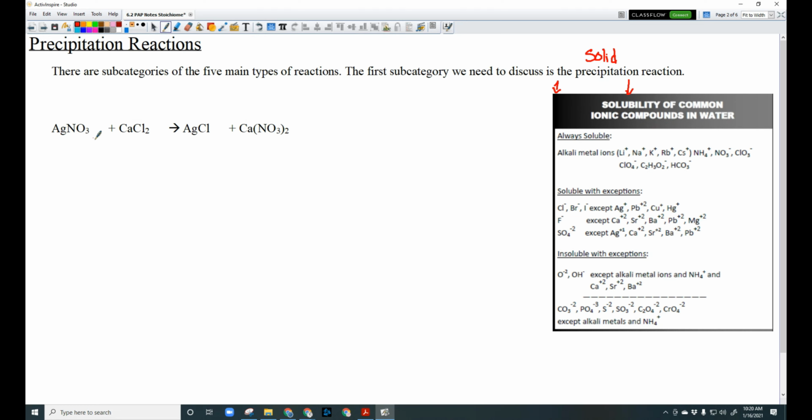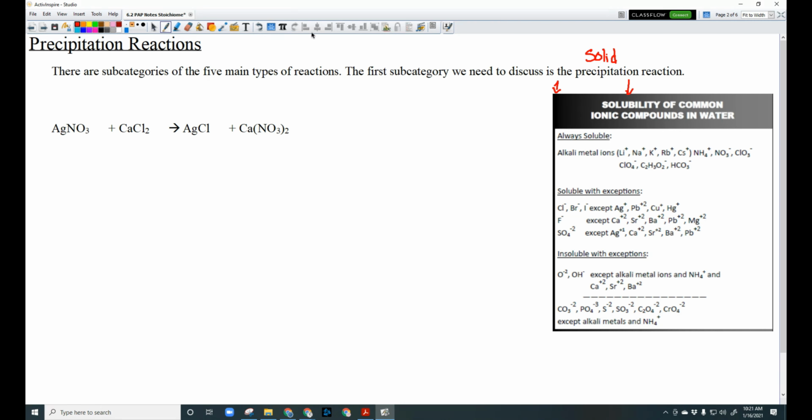Sometimes the state of the compound is given in a chemical reaction, and sometimes it's not. Sometimes it's important for the reaction to know that, sometimes it's not. Well, in an ionic reaction between 2 ions, we can figure this out, mostly. Okay, so here we have AgNO3.